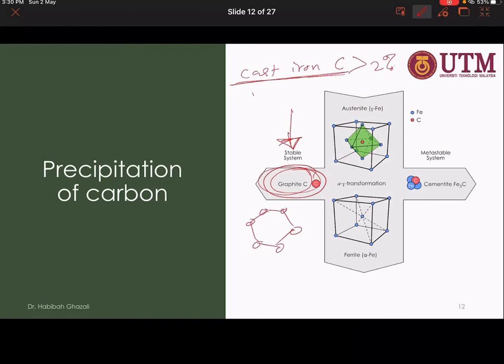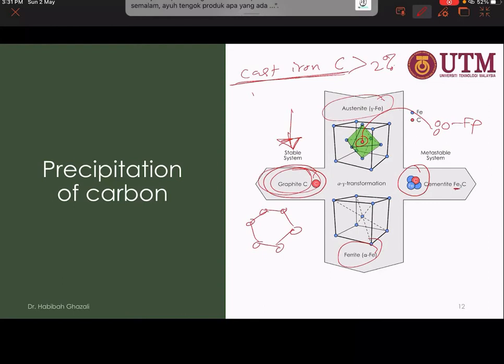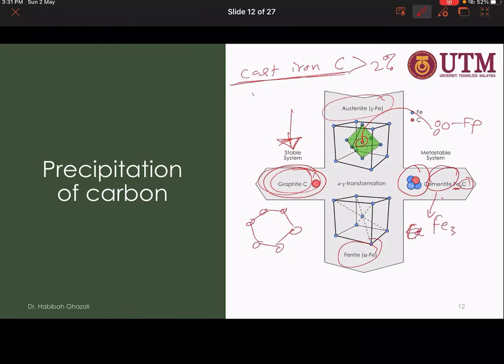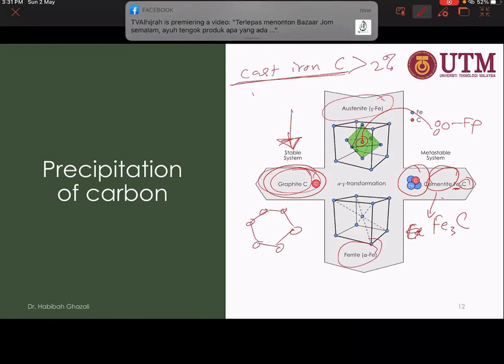However, when FCC changes to ferrite, where does carbon go? Carbon goes outside and forms bonding with another 3 irons. Like this, so this is 3 iron and 1 carbon. So we call it cementite, which is exactly Fe3C. The proportion of Fe is 3 and 1 atom of carbon.